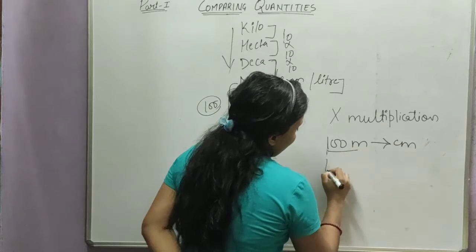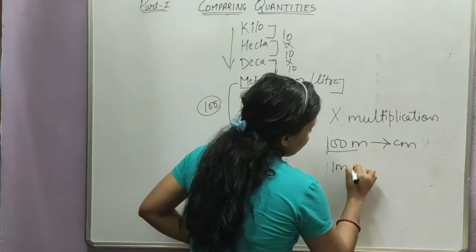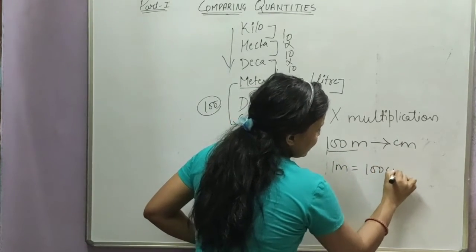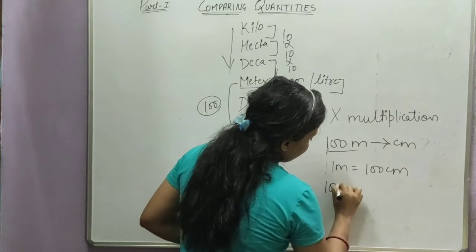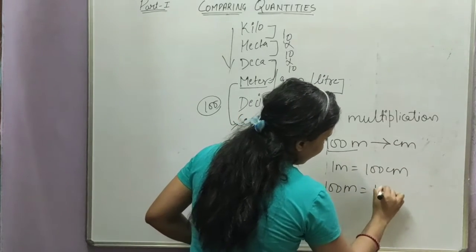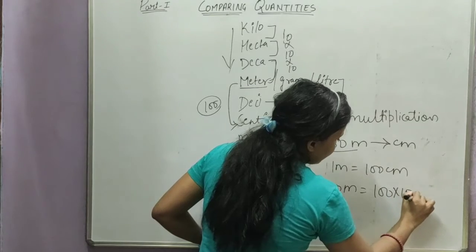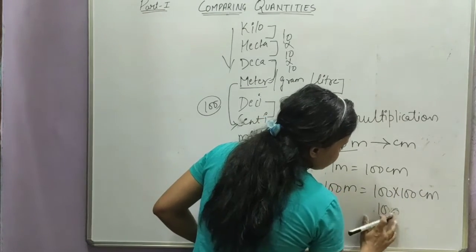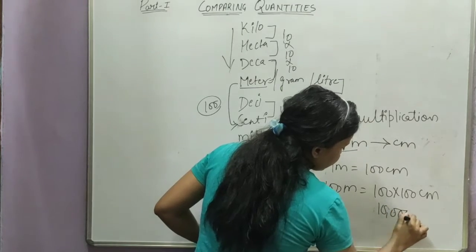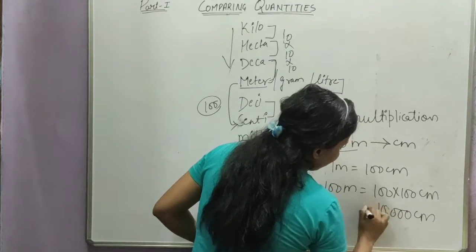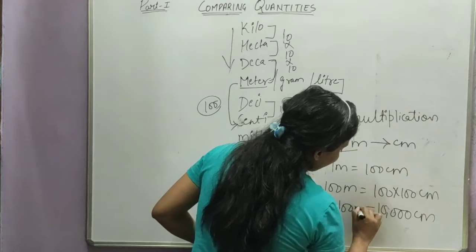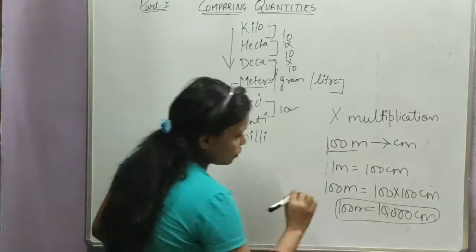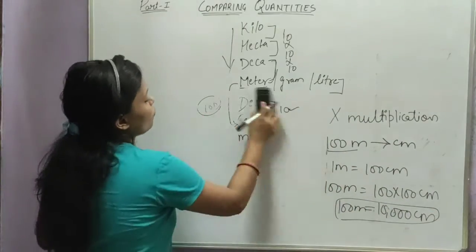So this 1 meter is equal to 100 centimeter and 100 meter will be equal to 100 multiply 100 centimeter. That means 10,000 centimeter. 100 meter is equal to 10,000 centimeter. Right? Okay.